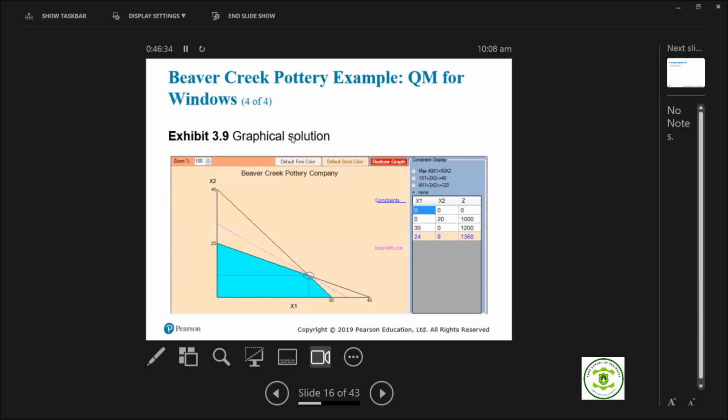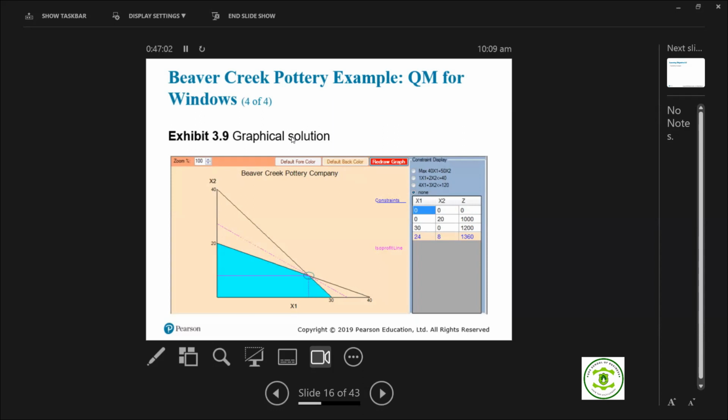If you were to look at the graph, it provides the corner solutions as well. The point, that is the origin, that is what is at the top there, where the Z is 0. X1 is 0, X2 is 0. So profit is 0. So we don't consider it because it means no production is done.